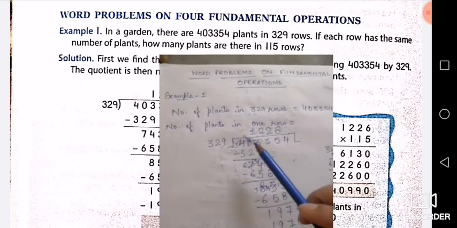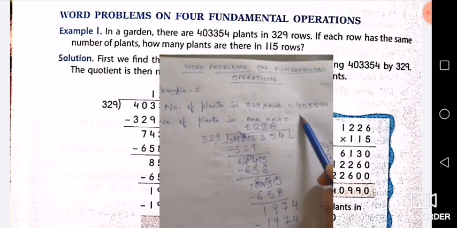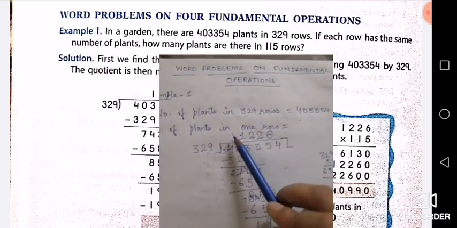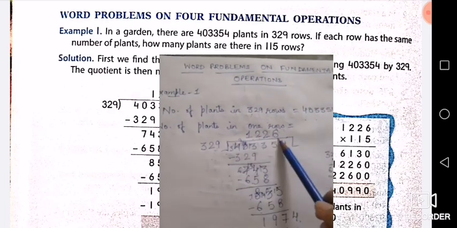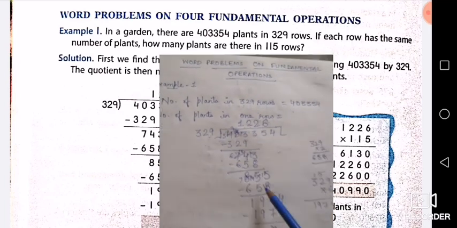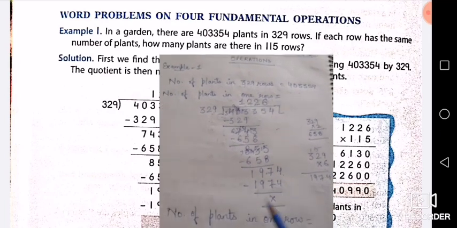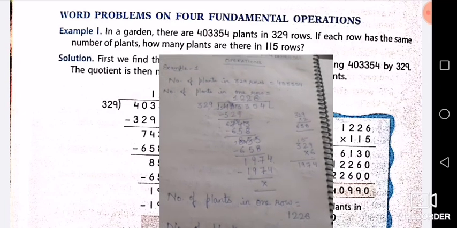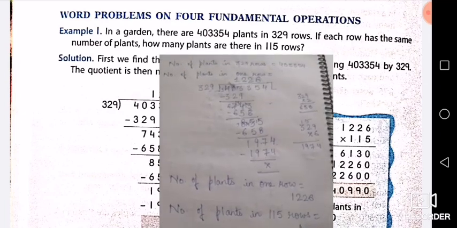Now what is given in the question? You have been given the total number of plants in 329 rows. So you are supposed to find the number of plants in one row. Then do the division here. After division, you will get the number of plants in one row. Now you have to find out the number of plants in 115 rows.